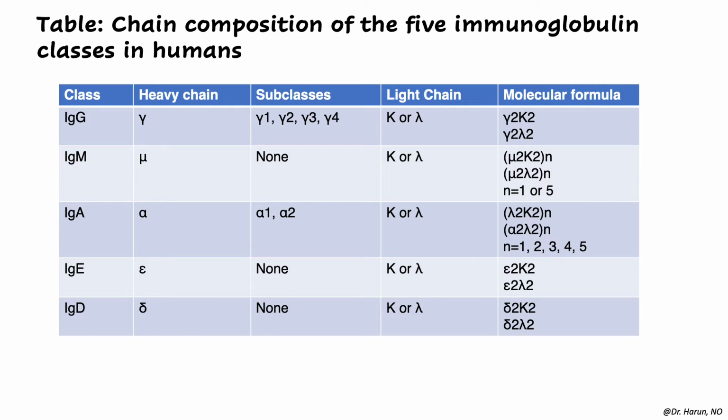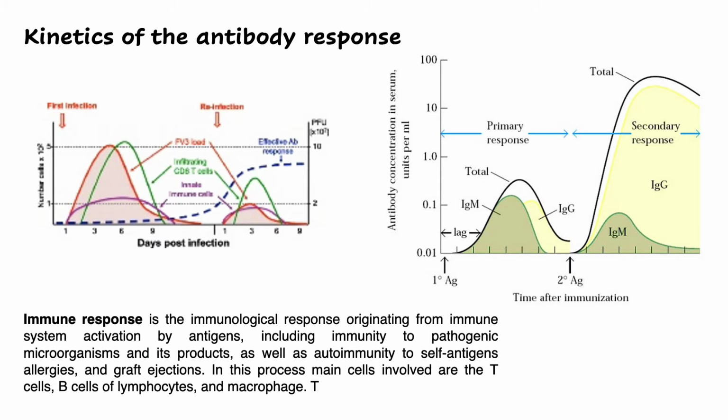Okay, this table shows you the composition of the 5 immunoglobulin classes in human. So just for your information, we have 5 classes of immunoglobulin. And if we look at this one, the kinetics of the antibody response, we can see days post injection after the first infection of any antigen, and then when we get the second reinfection from the same antigen, what will happen to our antibody?